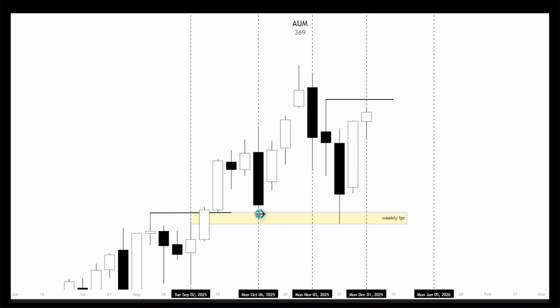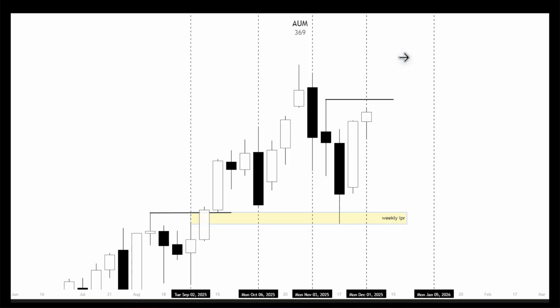Right here on this candle, you can see an SMT forms. Price balances this range, goes forward, comes again to this range, balances this range again, moves forward. What this tells us is, until the market closes below this range, we are bullish.